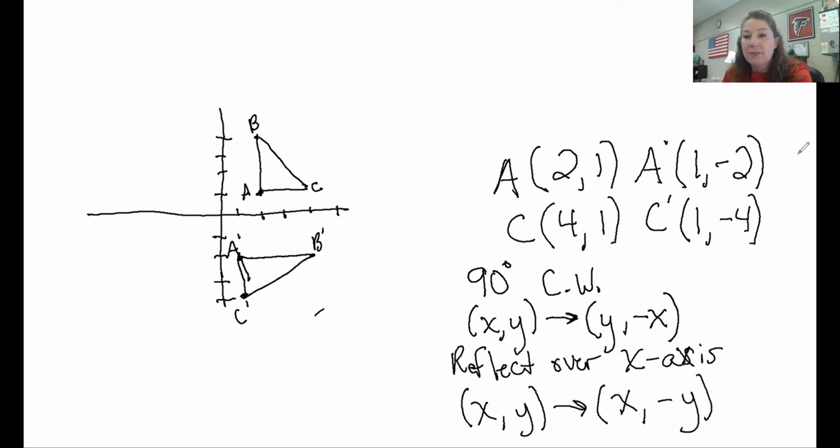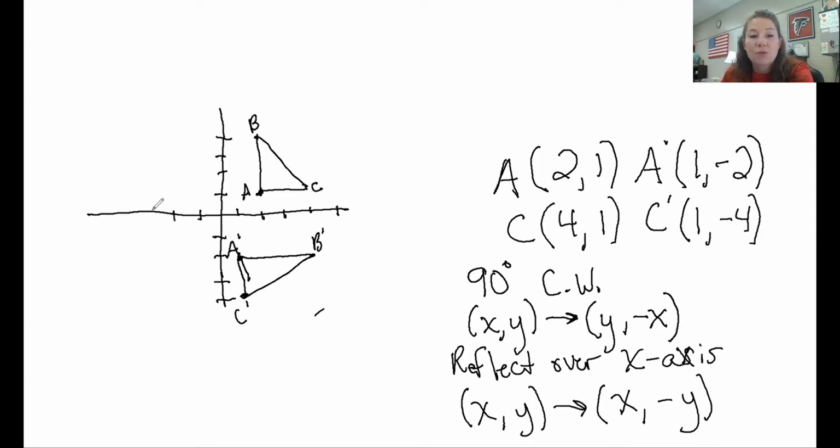All right, I've not given myself enough space because now I need an A double prime. So that means now we're going to take this image. This is my original, this is my image, and I'm going to now reflect this over the x-axis. So that means it's going to flip from here to here.